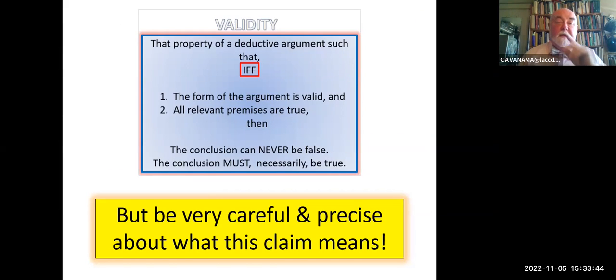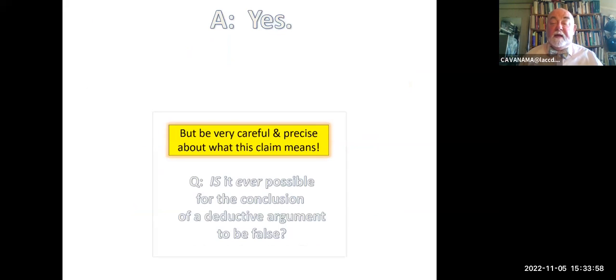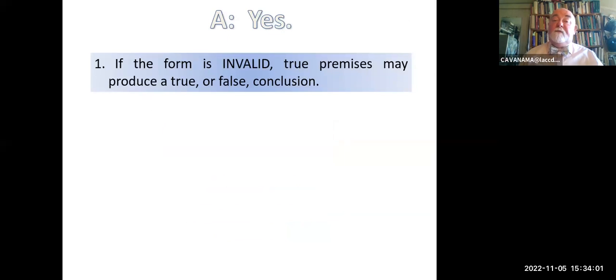But again, be very careful and precise about what this validity claim means. Ask yourself the question, is it ever possible for the conclusion of a deductive argument to be false? And you should have gathered by now the answer to that is going to be yes. It is possible. If the form is invalid, then true premises can produce a true conclusion or a false conclusion.